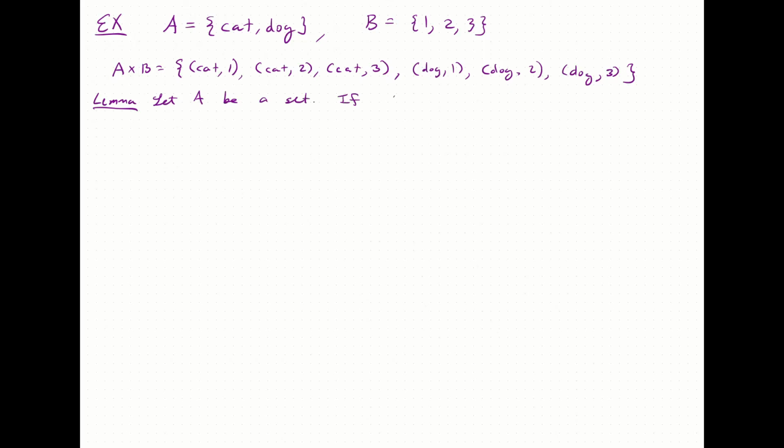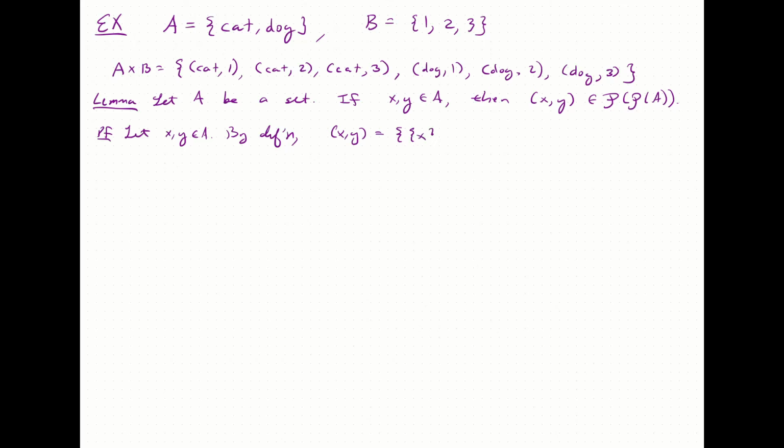If x comma y are in A, then the ordered pair x comma y is in the power set of the power set of A. So proof: let x comma y be in A. By definition, we have that the ordered pair x comma y is equal to the set containing {x} and {x, y}.